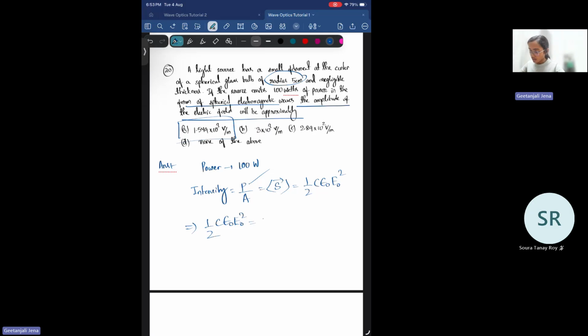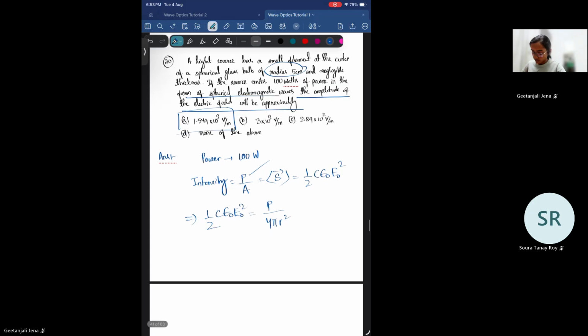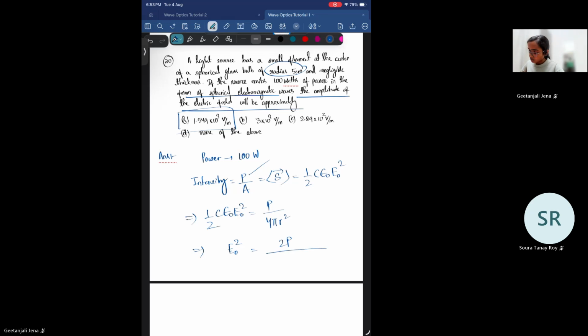This is power per area, so we can write it as 4 pi r square. So that means E naught is, let's say we cancel the 2, so this is P over 2 pi r square C epsilon naught.